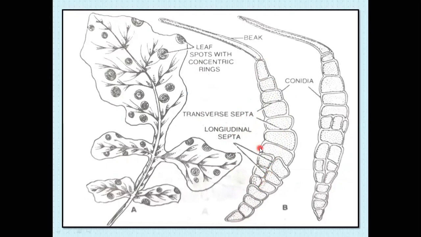So you can properly identify the conidial cells having transverse and longitudinal septa. Longitudinal septa lie vertically, and transverse septa lie horizontally. The conidia are generally developed at the tip of the conidiophore.